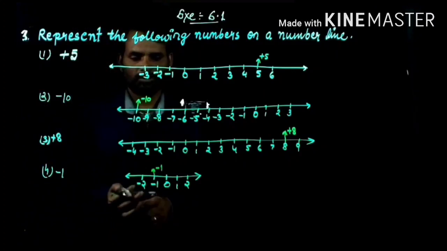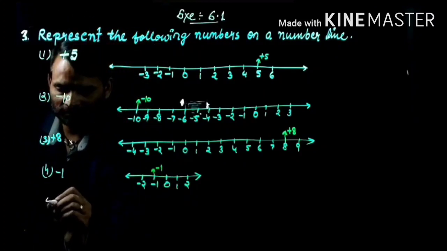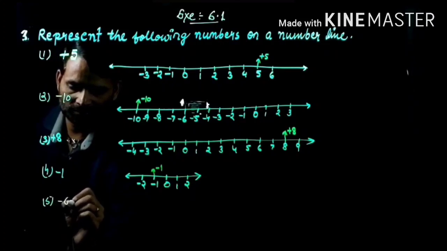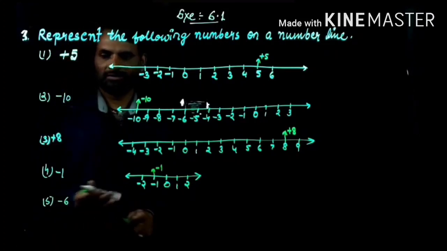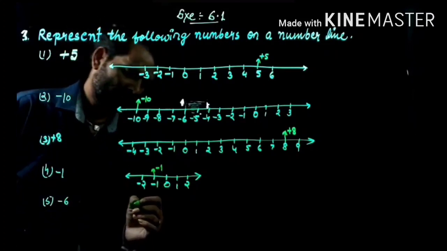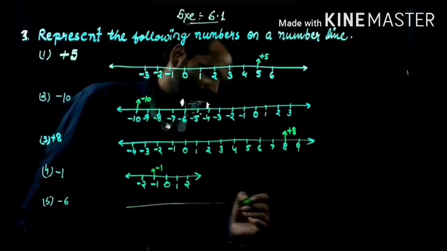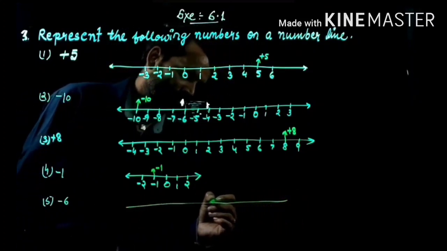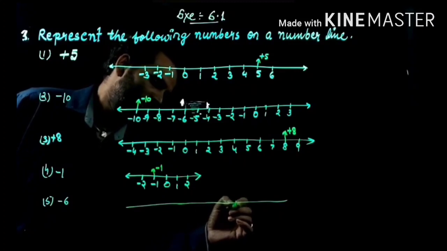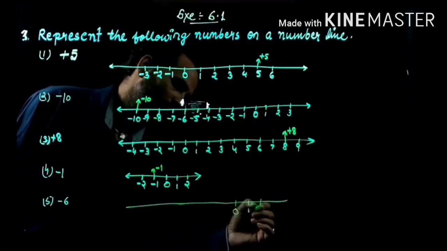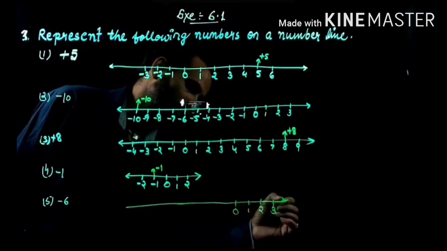Okay, and fifth is -6. -6 is done the same as -10: you draw a number line with a ruler and mark 0, 1, 2 and 3.